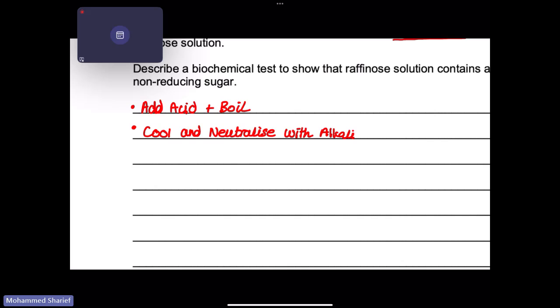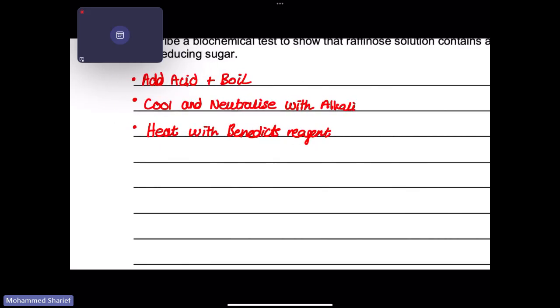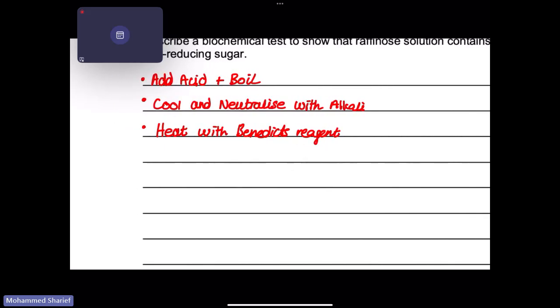We're going to carry out a normal Benedict's test. So what we're going to do is heat with the Benedict's reagent or solution. And then finally, there will always be a mark for a positive result.